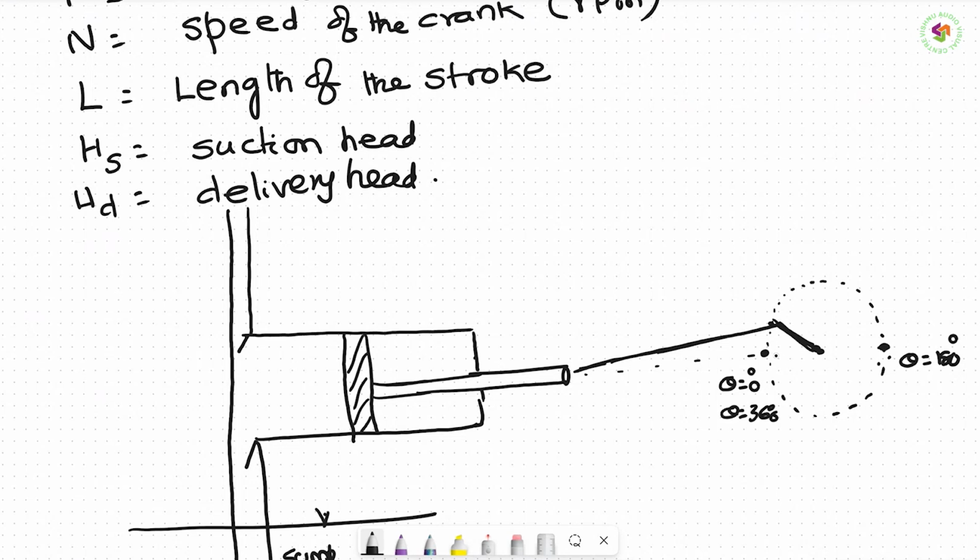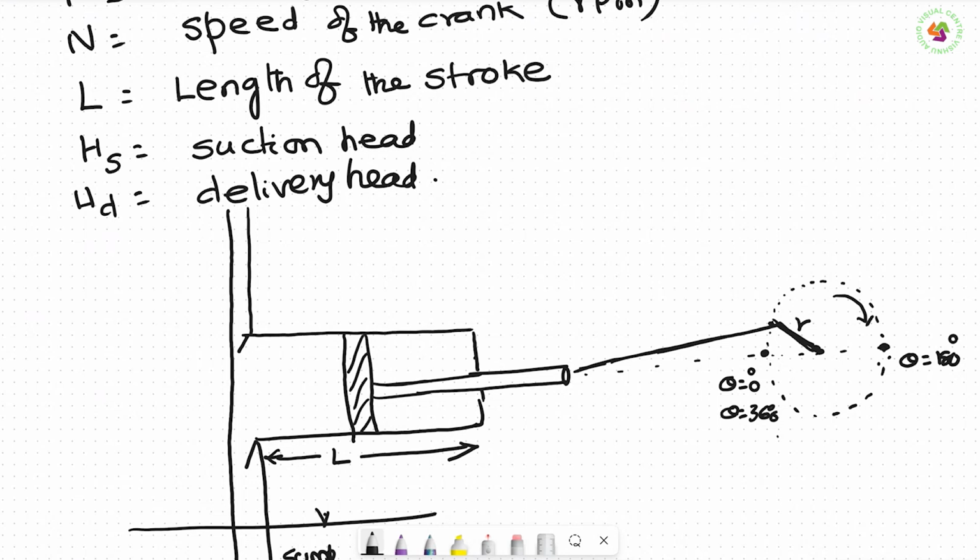So the crank rotates like this, and this crank radius is R. Now, this length of the stroke should be such that when it is at 0 degrees, it is at the extreme left, and when it is at 180 degrees, it is at the extreme right.